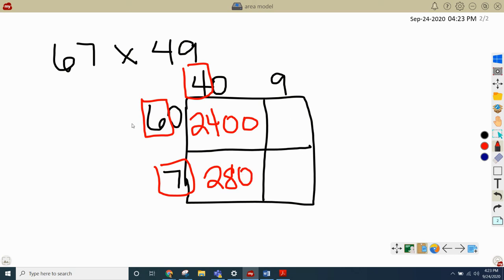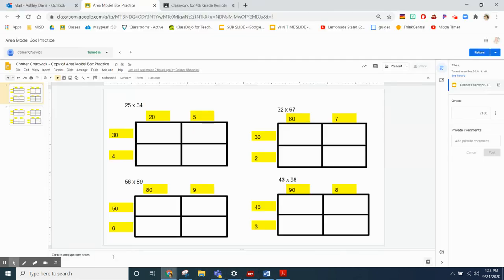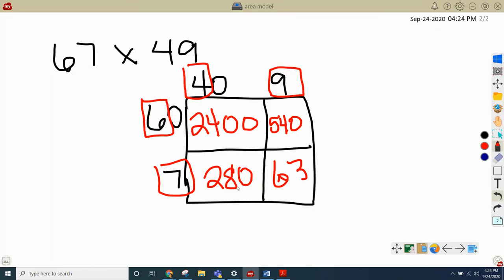This box is 60 times 9, so 6 times 9, 54, add a 0. This last box is our basic fact, 7 times 9, so it's 63. Okay? So now all I need to do is add all four of these partial products together to get our one product.